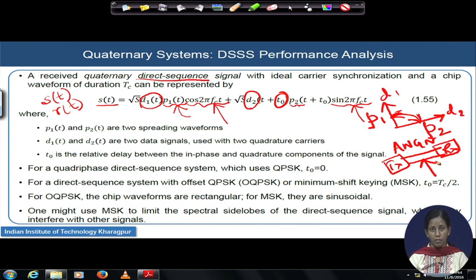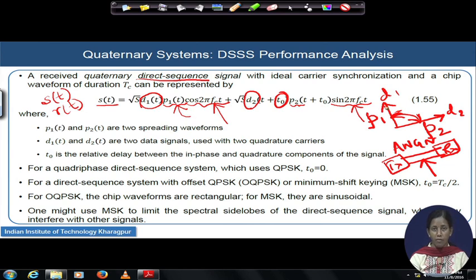So that is not expected to happen, and there is no attenuation either; the signal components will be visible in the received signal. So no effect of any other kind of wireless or guided channel is considered, and we are assuming that the direct signal is received.